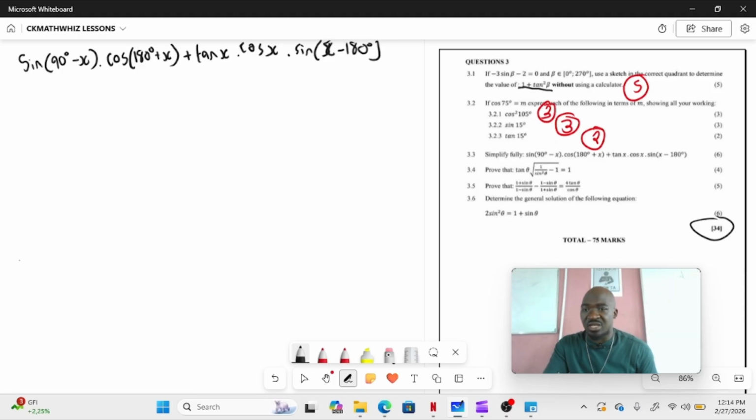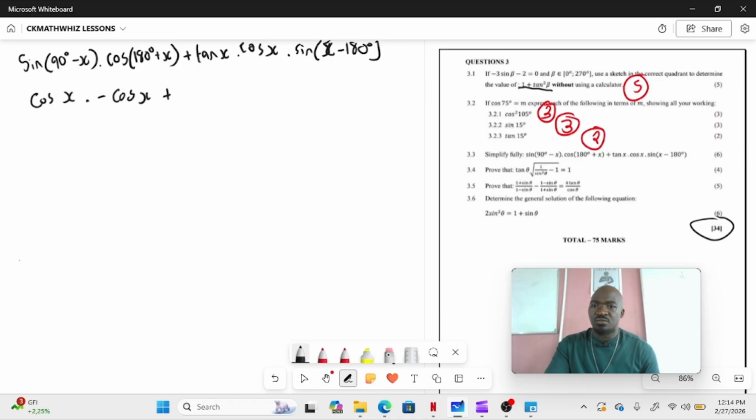And we know for a fact that sine 90 minus x always changes to cos x. Why? Simply because of the special angles 90 and 270, right? So for cos 180 plus x, we know that 180 plus x is found in the third quadrant, and in the third quadrant cos is negative.